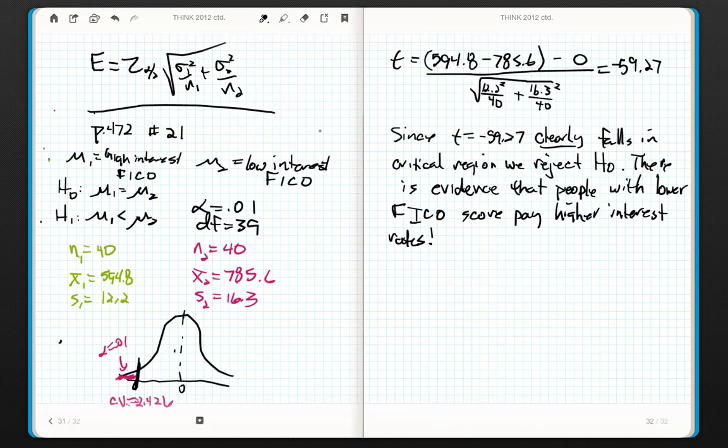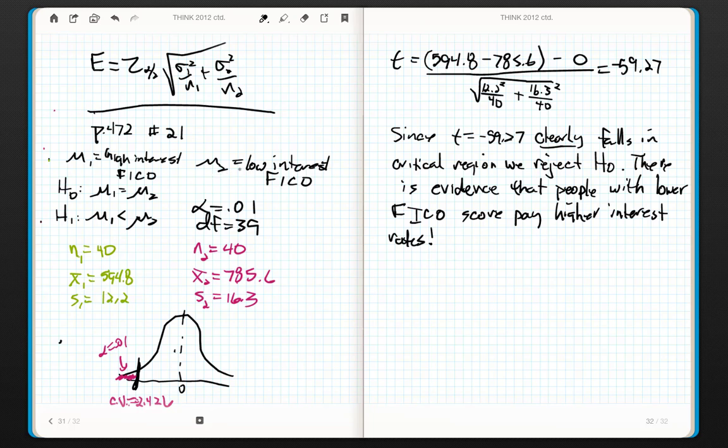All right, let's roll. Now, you probably got an answer where you thought, oh my God, I must have made an error, but it's actually very compelling, and it's interesting to talk about what's going on. So first things first, I like to organize my thoughts with problems like this. I let mu1 equal my high interest FICO people, so these are the people that are paying a high interest.